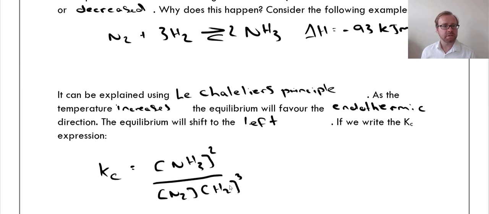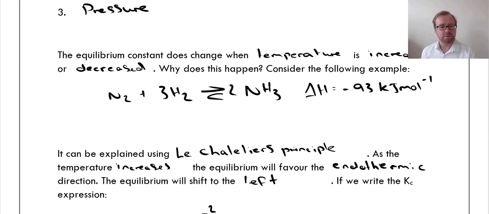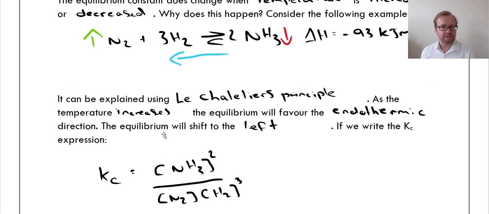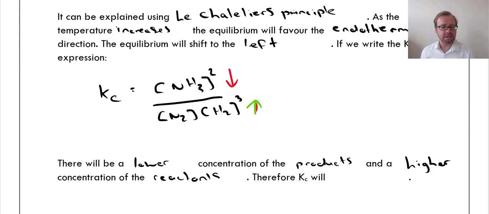And this is because, as we've just said, the equilibrium has shifted to the left, which means our reactants will increase in concentration, our products will decrease. So this will increase, this will decrease. Looking at our Kc expression, this number will decrease, this number will increase, which means that therefore my Kc value will decrease.